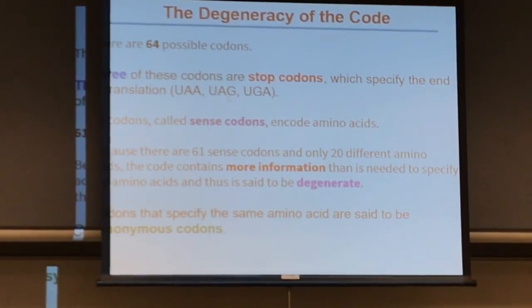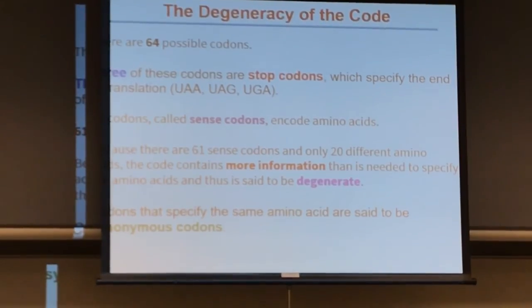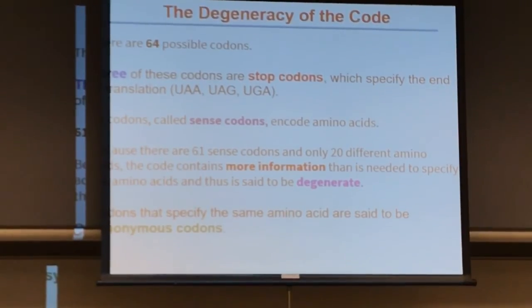The remaining 61 codons are referred to as sense codons because they code for an amino acid. If they don't code for any amino acid, they are called nonsense codons. All right? Sense, nonsense.